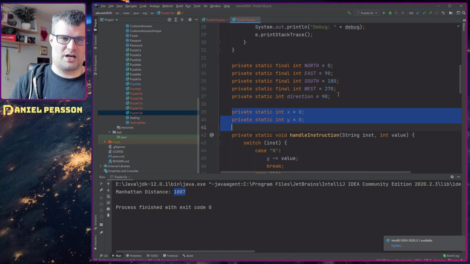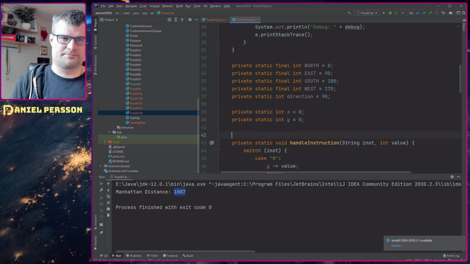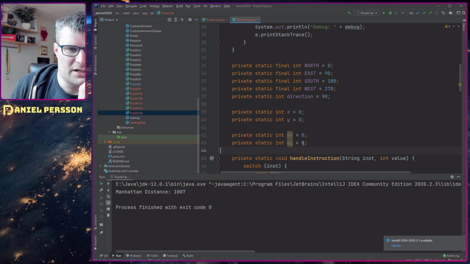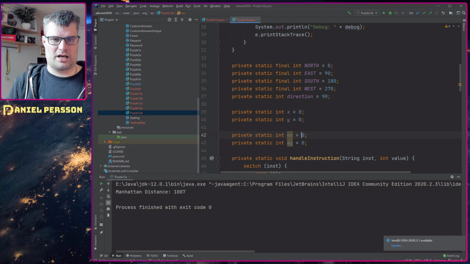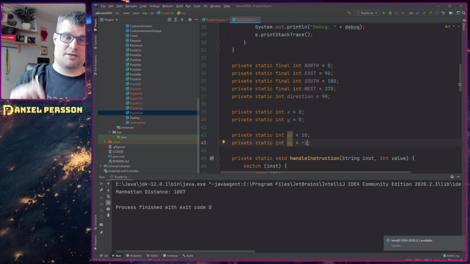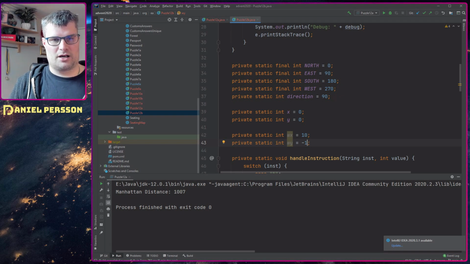So first off, we need to have the waypoint here, and it should be XY waypoint. And it should start at 10 east, 1 north, right? And in our case, north is minus value. So that's what we want to accomplish.